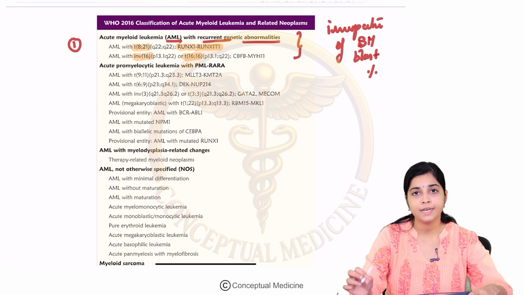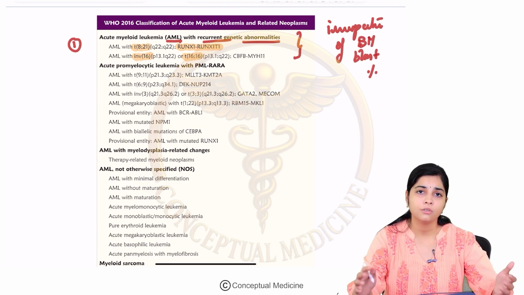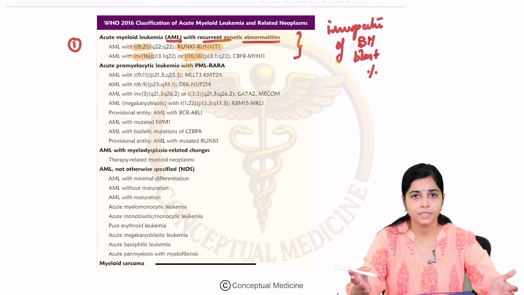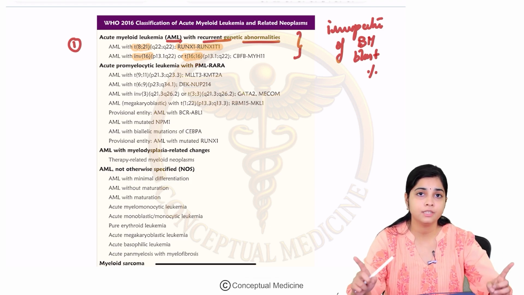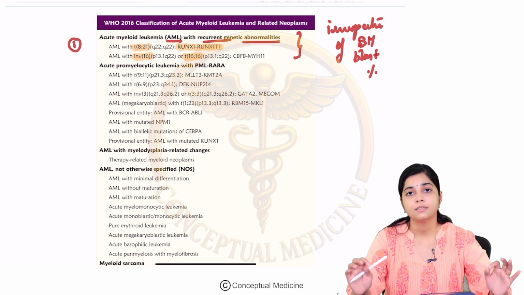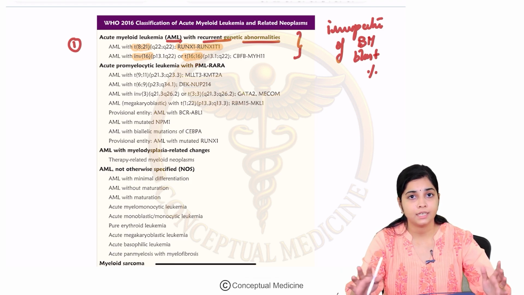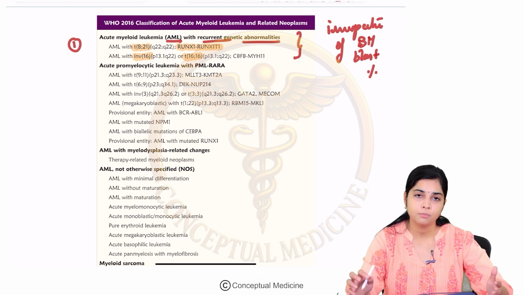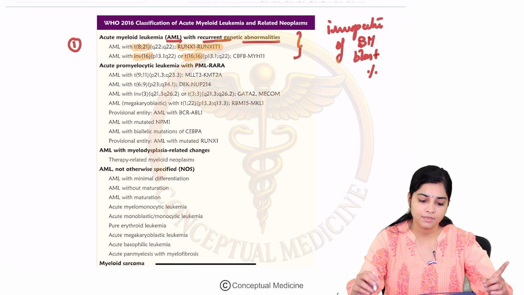So if he has low bone marrow blasts, you don't find so many blasts, but you find any of these genetic abnormalities, then this patient is classified as AML irrespective of the bone marrow blast percentage, and that is why you have to remember this very clearly.